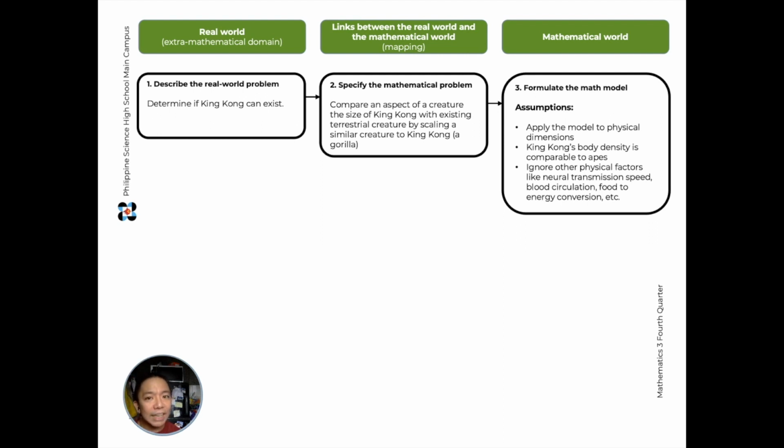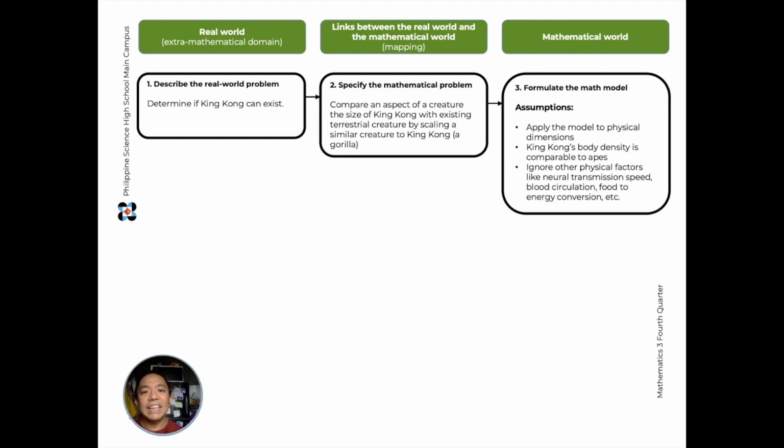But i-ignore muna natin yung factors na yun, at ang focus lang natin ay yung physical dimensions ni King Kong. And since we'll focus on the physical dimension, we'll also make an assumption na yung body density niya comparable sa apes. So, meaning hindi sobrang laki ni King Kong pero sobrang gaan niya.